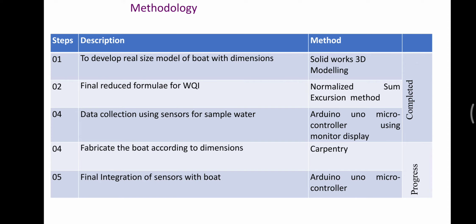Normalized sum of excursion basically uses the standard deviation so that we can compare the real values with how much they are deviating from the original values, and also the Arduino microcontroller powered data collection is done. Now the in-progress things, as I said: fabricate the boat according to the dimensions. It will be of simple plywood, and also final integration is yet to be done.